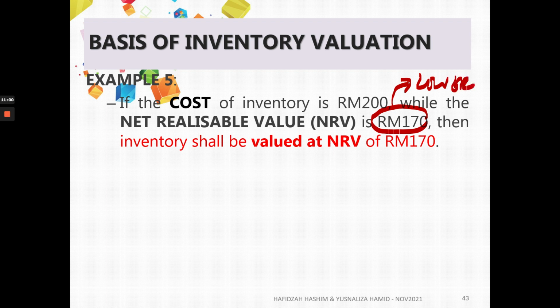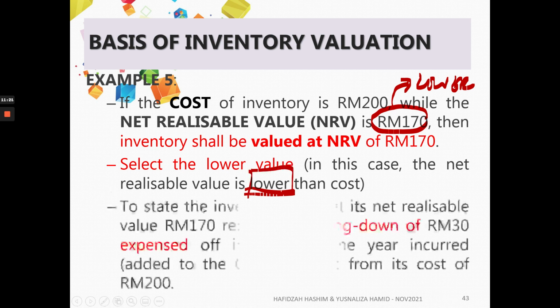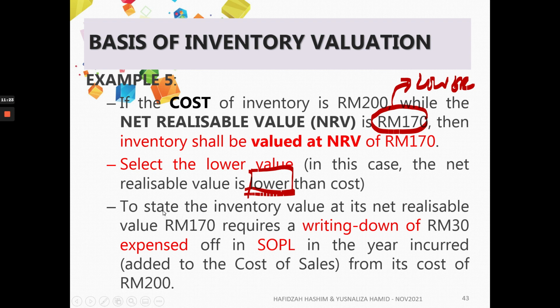And therefore, the inventory shall be measured at the net realizable value, valued at 170. Again, the tip is to select the lower value. In this case, the NRV is lower than the cost.